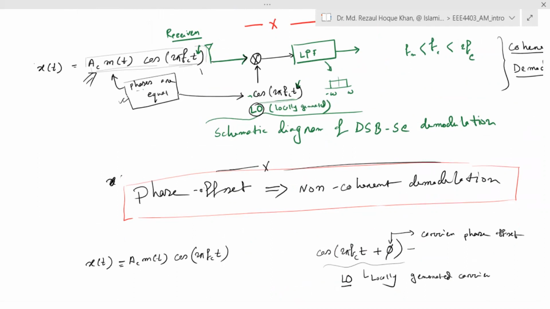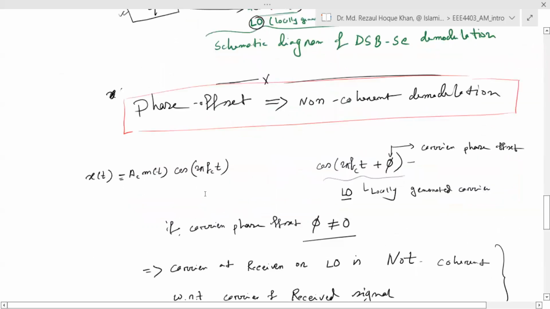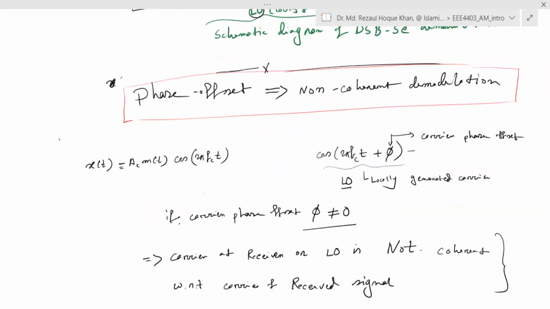If not, then we called it non-coherent demodulation, right? This portion of the lecture is here. There we add a carrier phase offset to the locally generated carrier.